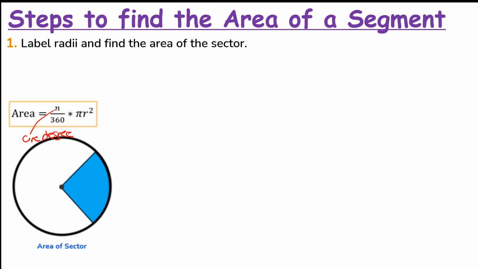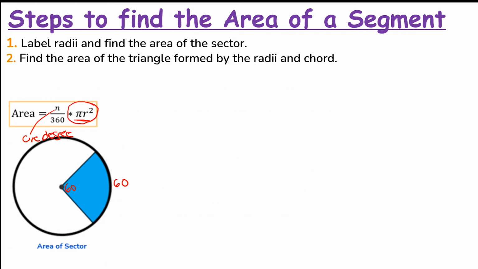So if this angle was 60 here, then of course the arc would be 60 as well. And so if you notice here, this is pi r squared, so really you're just dividing the arc by 360 and multiplying it times the area of the circle. So this should look familiar to you right here.